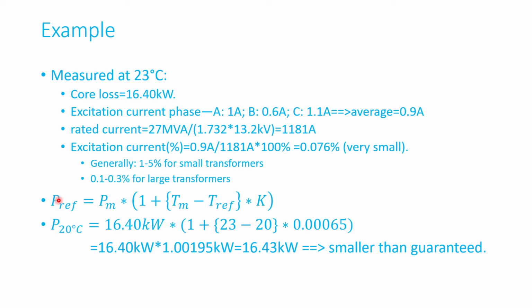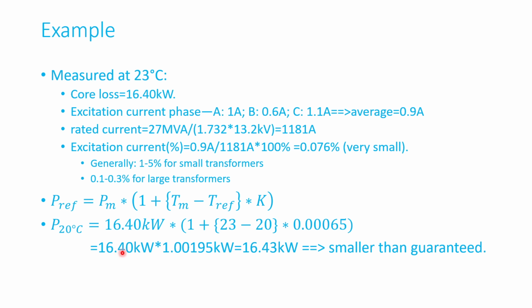So now if I apply the formula that I showed before, the core loss at reference temperature, in this case I chose 20 degrees Celsius. The measured core loss is 16.4 kilowatt times 1 plus test temperature 23 minus the reference temperature, which is 20, times the empirical coefficient. I'm just using the value that's used industry-wide, 0.00065.